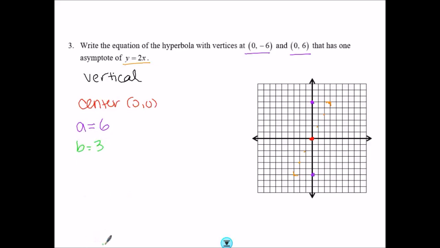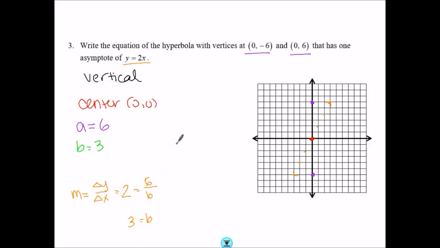The other way we can figure this out is algebraically by saying we know that the slope is the change in y over the change in x, and we know that the slope of our asymptote is 2. We can see here that we're going to go up 6 and over some amount, and we can solve for b that way, and we would still end up with b equals 3.